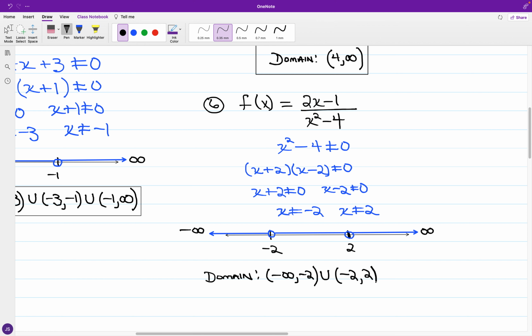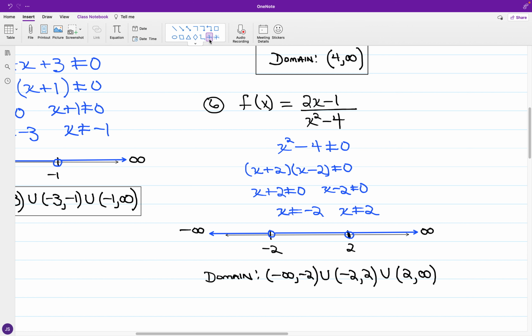For the last of the subintervals, you have those values of x greater than 2. And since neither negative nor positive 2 will be included in the solution set, we use parentheses throughout as the grouping symbols.